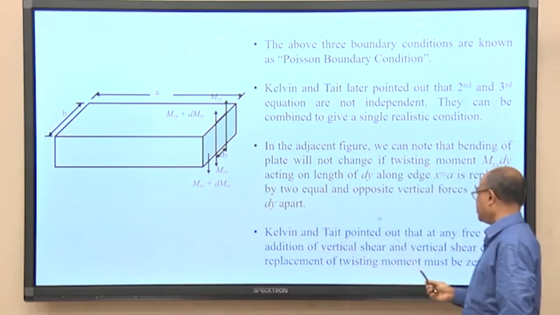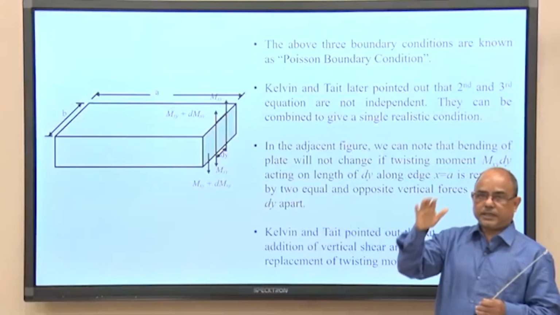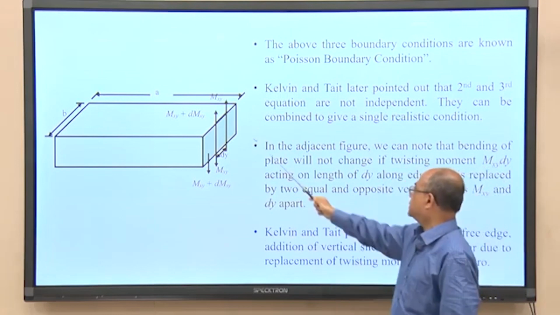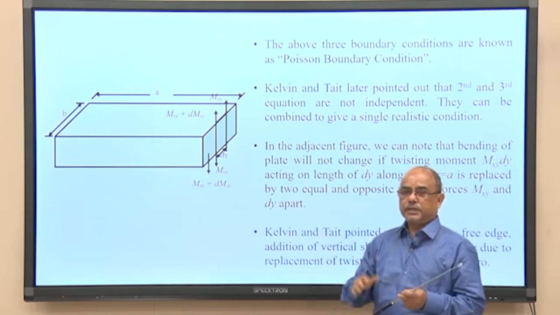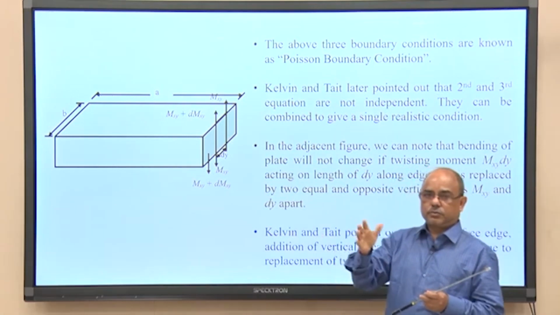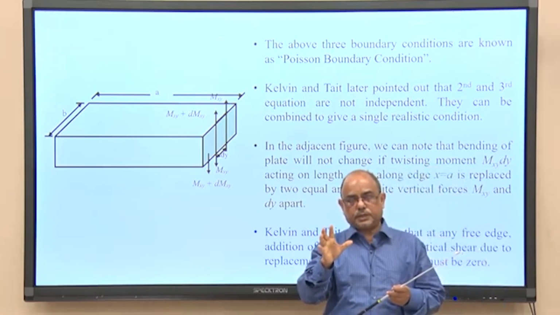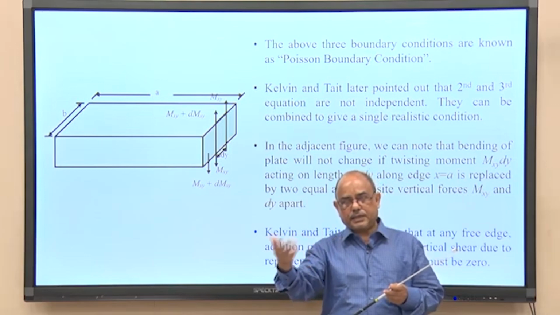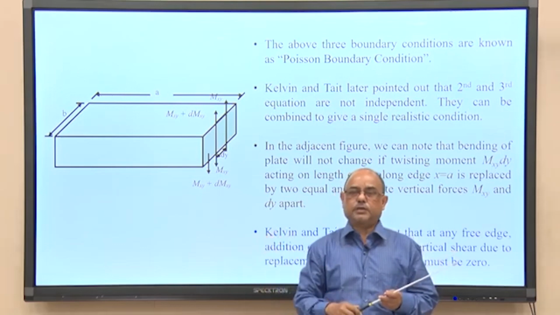Kelvin and Tate pointed out that at any free edge, the vertical shear is already there. So, on this edge the vertical shear qx is already there. If qx is added to the shear force generated due to twisting moment, and then it is equated to the S shear, it will represent the true boundary condition.